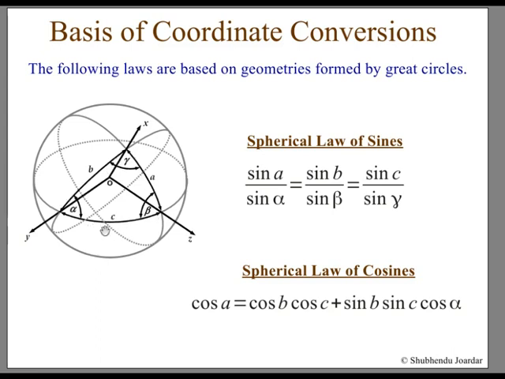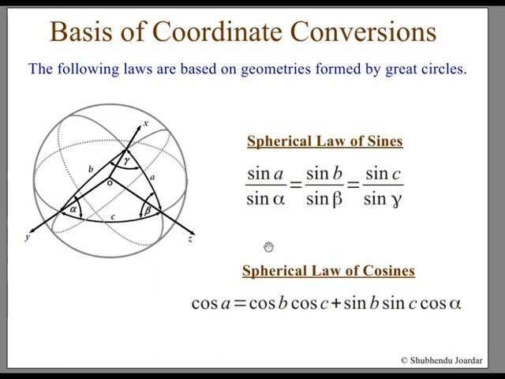So we have to derive some relations between these angles, that is, the angles formed between this and the angles formed within themselves. So these are the two laws which are widely used. This is sine A by sine alpha, that is, A is this angle and alpha is this angle, is equal to sine B by sine beta and sine C by sine gamma.